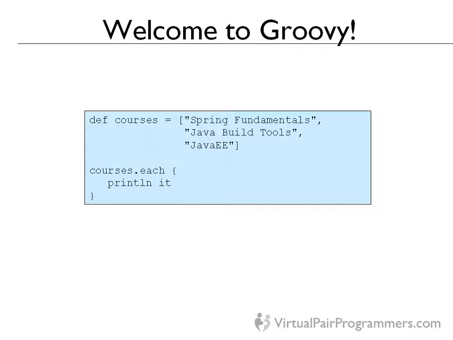It happens to be a list, and that list is going to store these three initial values. They're just strings, but they could have been objects. So in one line of code, I've been able to set up a collection and populate it with some values. Notice at the end of the line there's no semicolon. Groovy has decided that semicolons are optional.